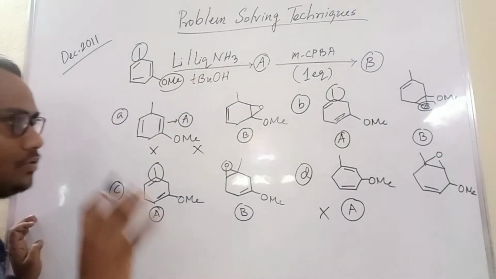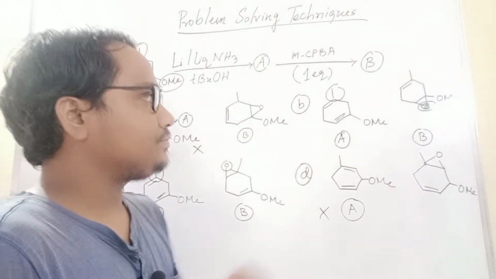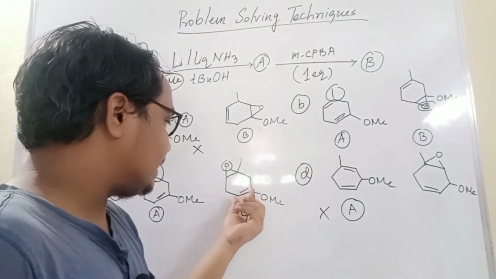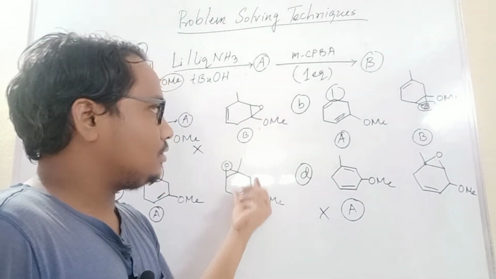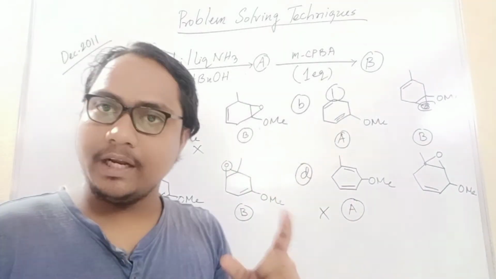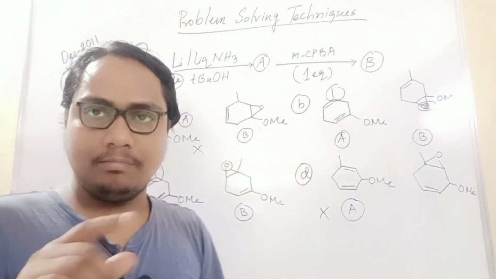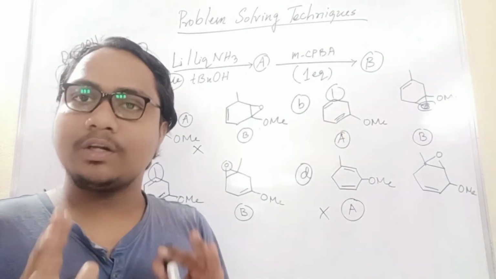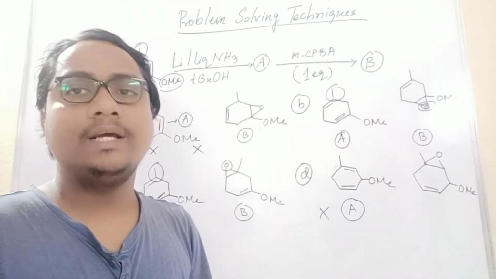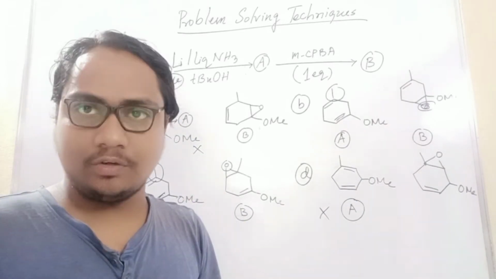So you have to know the basic concept. Wherever the double bond is electron rich, and MCPBA supplies electron deficient oxygen, whenever MCPBA supplies its electron deficient oxygen to a double bond, that double bond should be more electron rich.